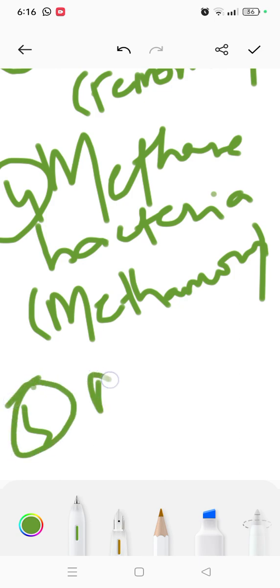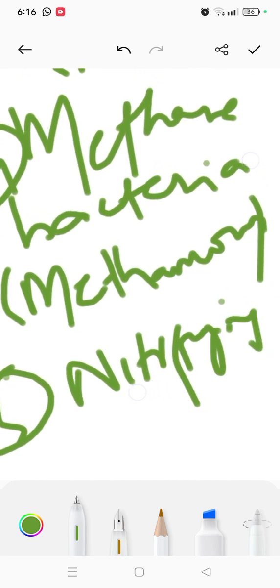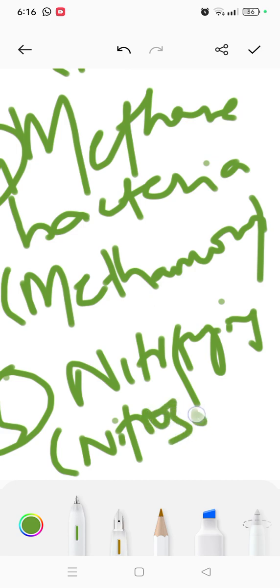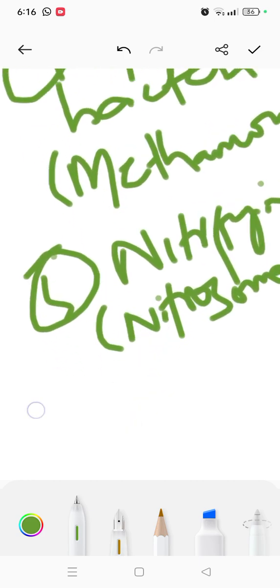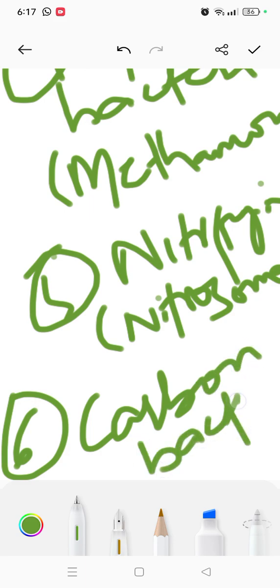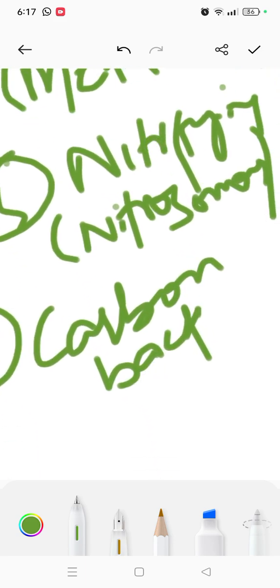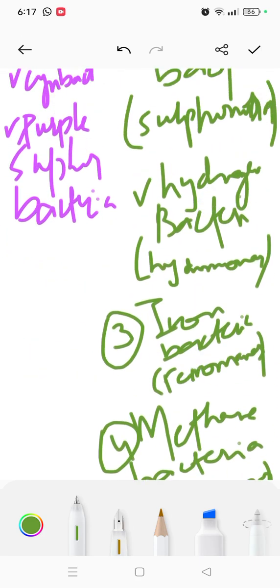I'm sure it's a little messy, but nitrifying bacteria are called Nitrosomonas. Then the last one is carbon bacteria. We don't have any other specific name, but it's carbon bacteria.